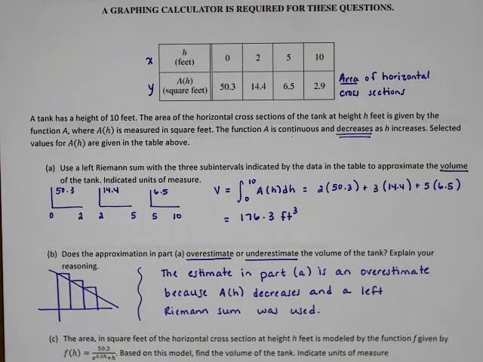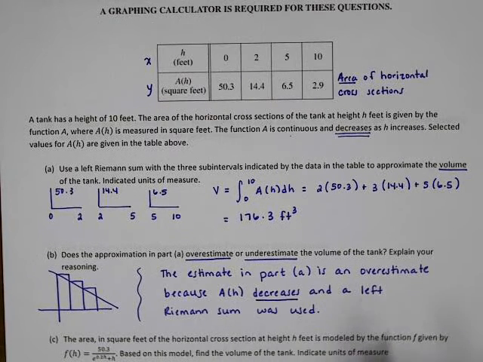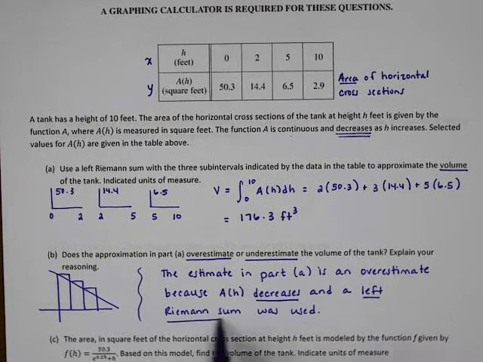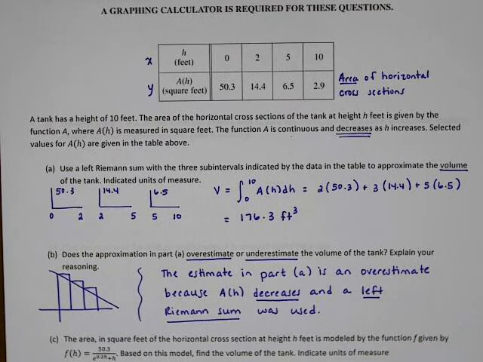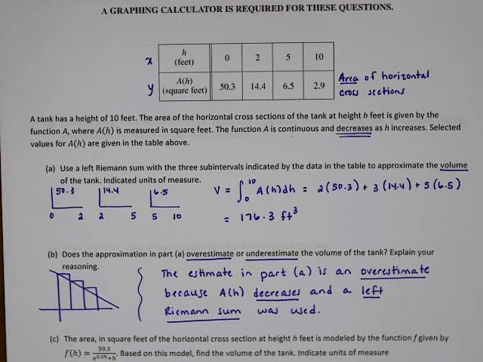Now it's really important here that we state both the fact that the function was decreasing and a left Riemann sum was used, because if we had a decreasing function but we had used a right Riemann sum, it wouldn't have been an overestimate. So you need to say both of those things in your justification for why the answer is an overestimate.